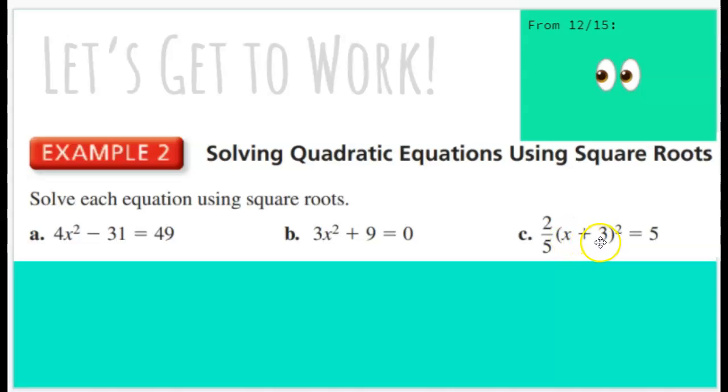Because x is being added to 3 and squared, it's still not linear. Okay, so notice that with these problems, all you had was an x squared and a constant. Regardless of whether it's on the left or the right side of the equal sign, that doesn't matter because we saw yesterday you can move things around. And you know how to move things around. But anyway, I'll stop talking. Here we go.